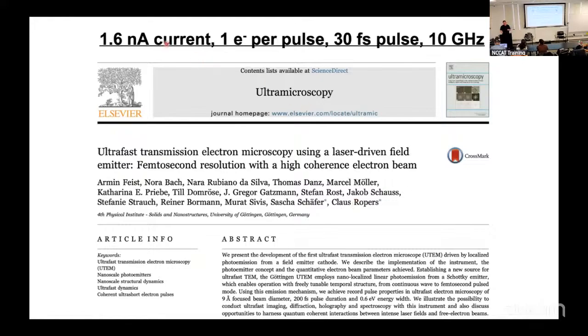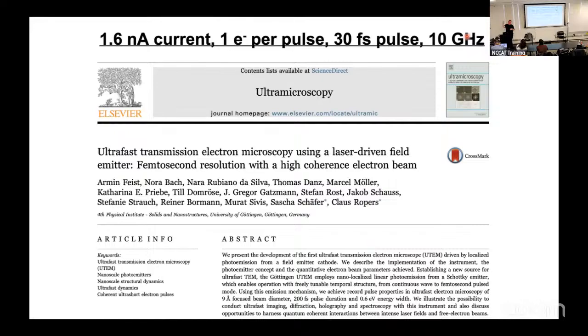And so this is 2 papers that they do 1 electron per pulse using 30 femtosecond pulses at a frequency of 10 gigahertz. So to get the kind of continuous beam that you want, rather than having 1 electron, then a big lag, and another electron, you have to kind of hit it almost like machine gun style. So 10 gigahertz would be very, very fast.